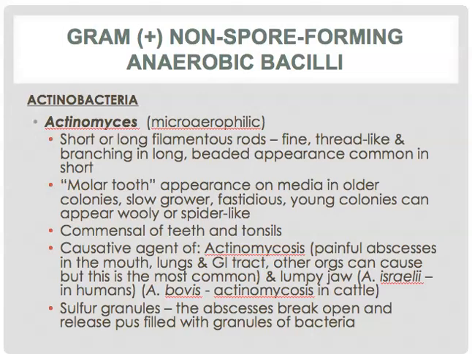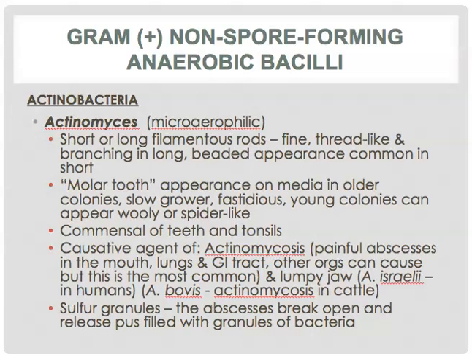It's the causative agent of actinomycosis, which is a painful abscess in the mouth, lungs, and GI tract. Other organisms can cause this, but this one is the most common, and it can also cause something called lumpy jaw, which is caused by Actinomyces israelii in humans, or the same infection in cattle is caused by Actinomyces bovis.